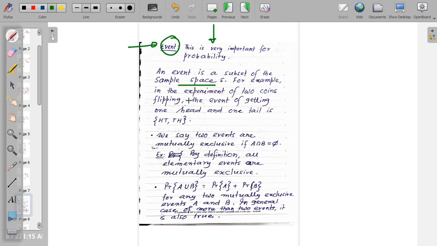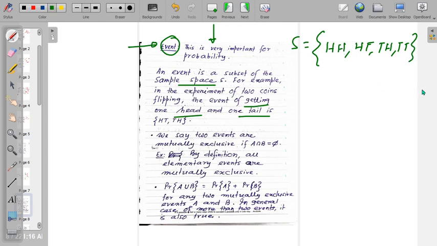For example, in the experiment of flipping two coins, consider the event of getting one head and one tail. We had the sample space HH, HT, TH, and TT. Now I'm looking for the event of getting one head and one tail. So this is a subset of the sample space.